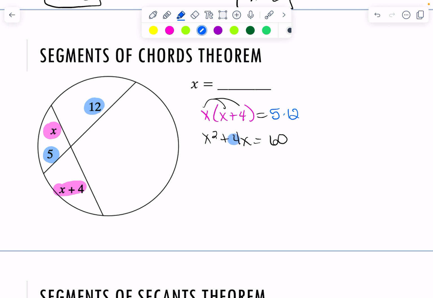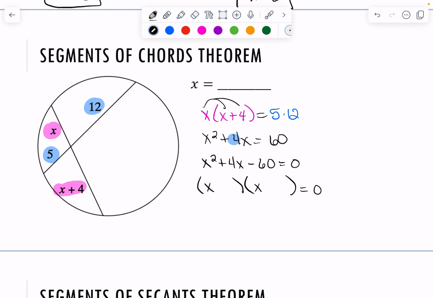Now, since it is a quadratic and we have a b, by b I mean that value right there, what we do to solve a quadratic is we move everything to one side and set it equal to 0. Then at this point, we're going to try to factor. If it can't factor, then we're going to go to the quadratic formula.